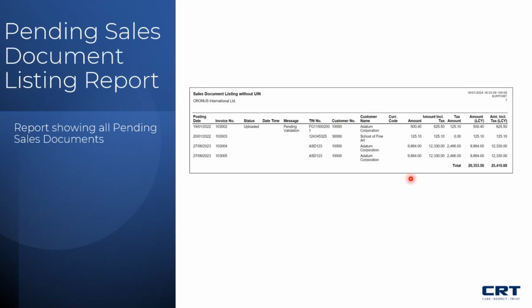We will have another one, which is the pending list also. From here, you can see the status of each document as well. So this is what we offer for version 2017 and below.